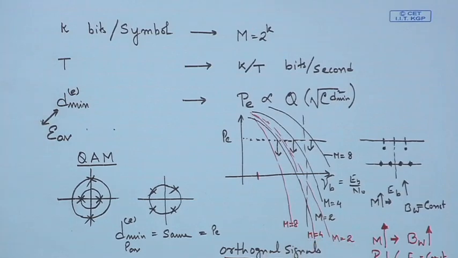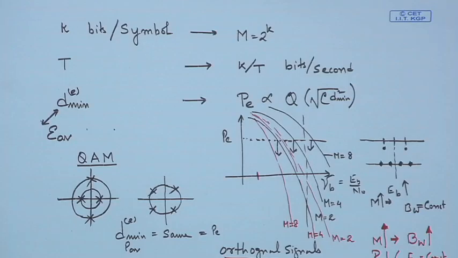So, at this stage it might be important to discuss how you compare the performance of these schemes on a fair basis. To do that there has been a very important contribution from a very eminent contributor, the father of information theory, Claude Shannon, who developed the expression for an important term known as channel capacity.